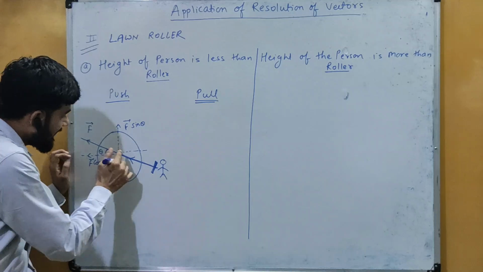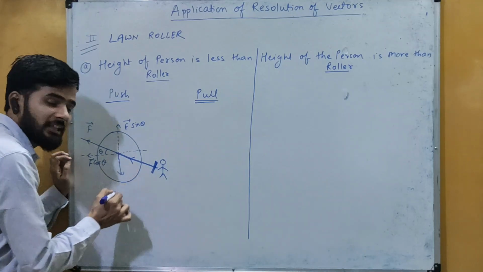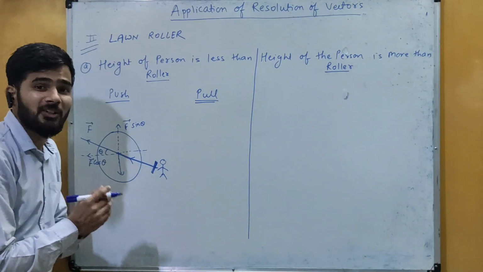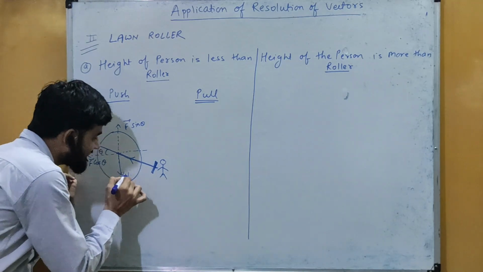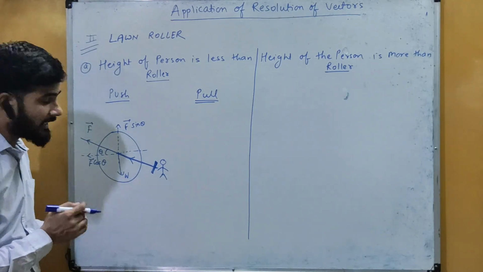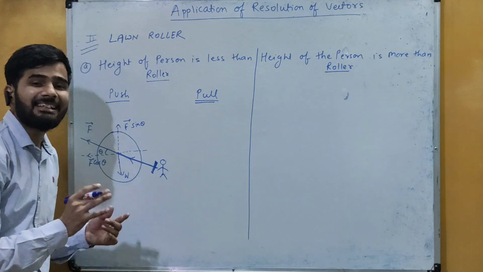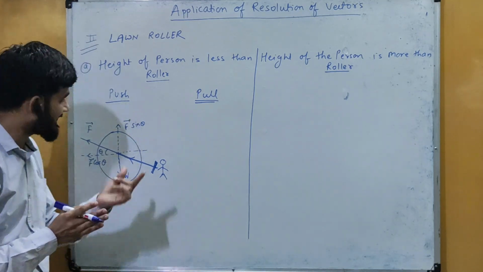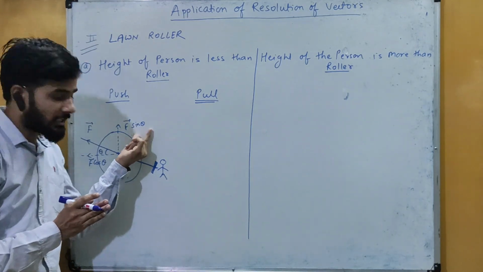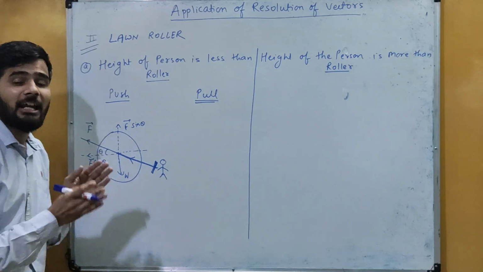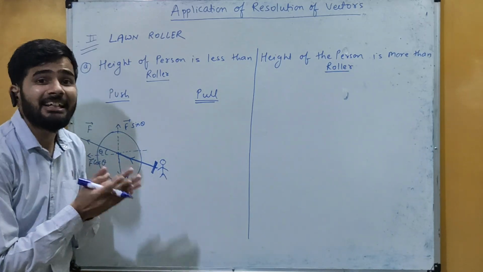Now in this downward direction, the weight of the roller will act, so I can write this as W. You can see this weight is acting exactly in the opposite direction to that of F sin theta. Both are vectors, and both are acting in exactly opposite directions.